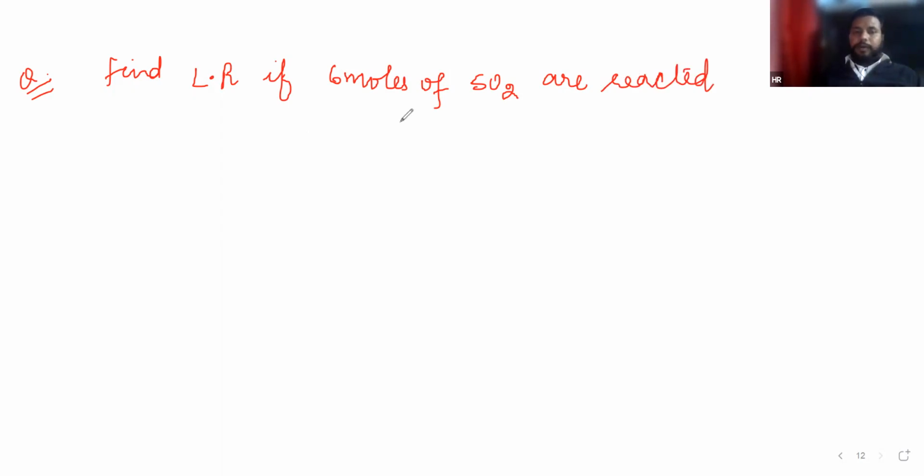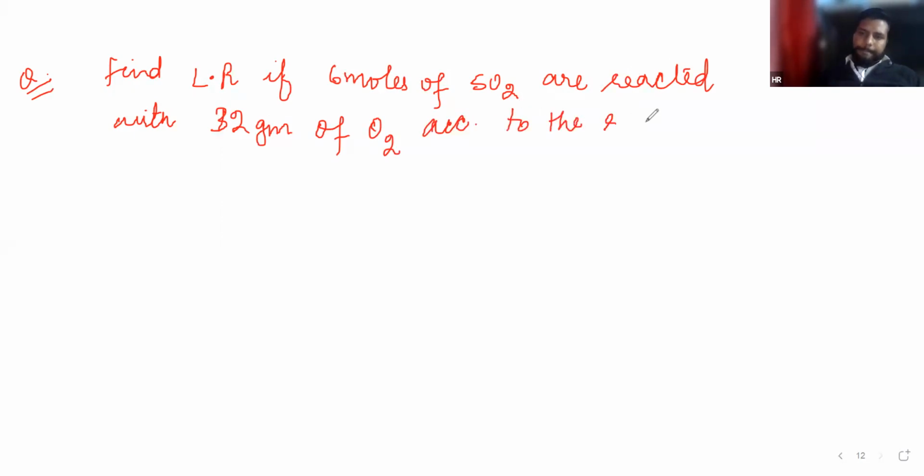Find LR if 6 moles of SO2 are reacted with 32 gram of O2 according to the reaction. ACC means according to the reaction. 2SO2 plus O2 will give 2SO3.